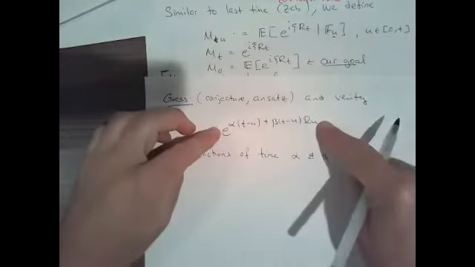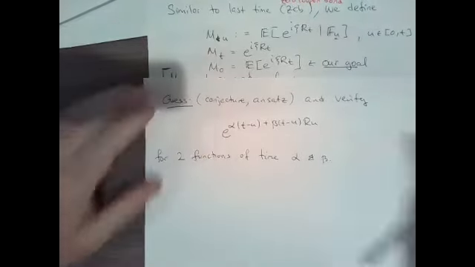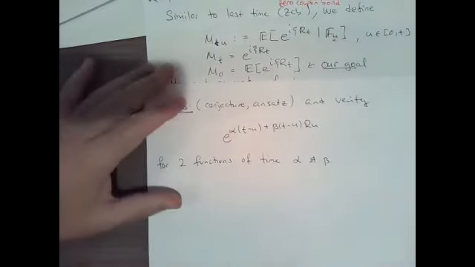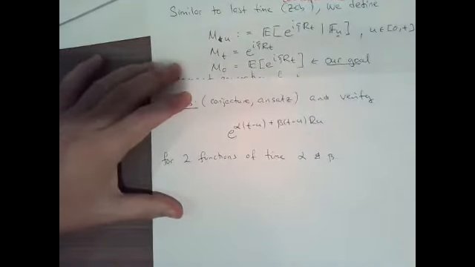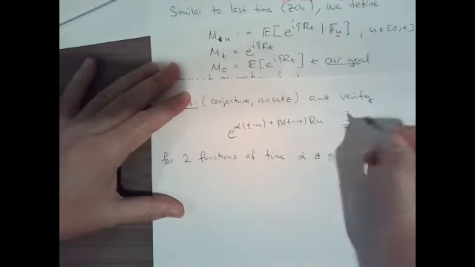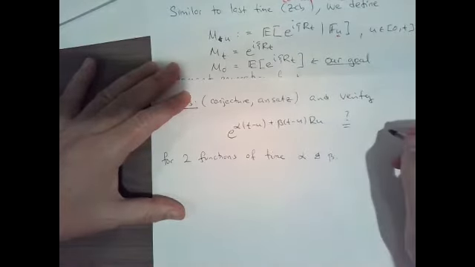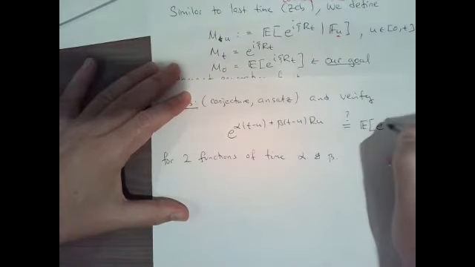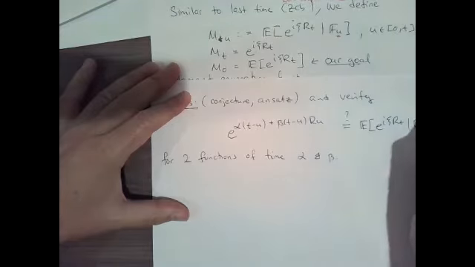So could we make this object here equal to M? If we want this thing, can we make this equal to the conditional expectation of e to the i psi R_T given F_u?